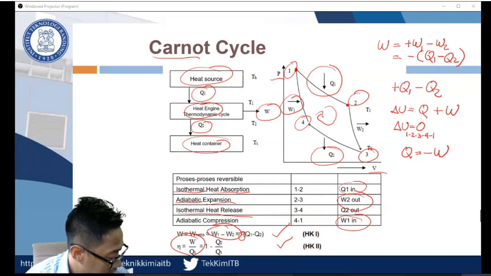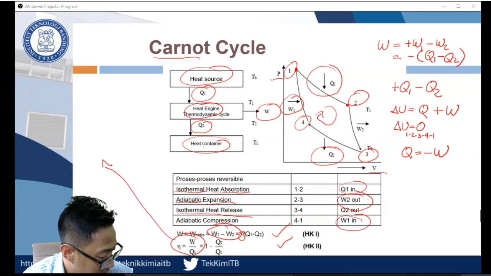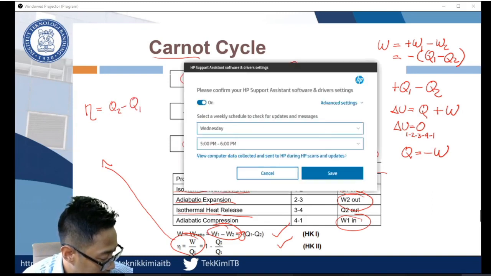So efficiency is equal to Q1 minus Q2 over Q1.